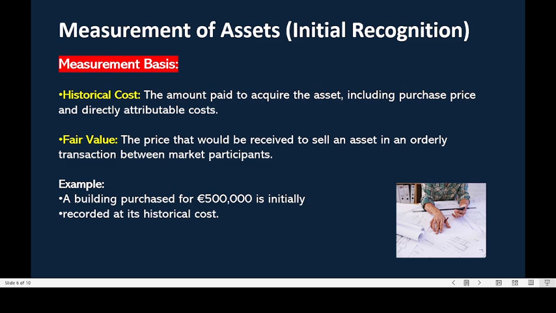For example, if a company purchases a building for €500,000, the building is recorded at this historical cost. If later revaluation is required, fair value might be used to update its carrying amount. This is dependent on the company's accounting policy, of course.